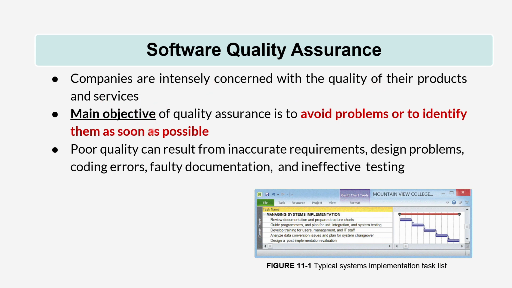The main objective of quality assurance is to avoid problems, or to identify the issues as soon as possible. Poor quality can result from inaccurate requirements, design problems, coding errors, faulty documentation, and maybe ineffective testing.